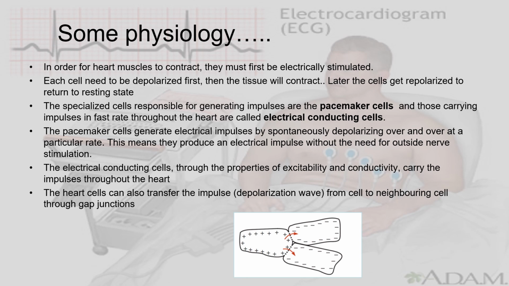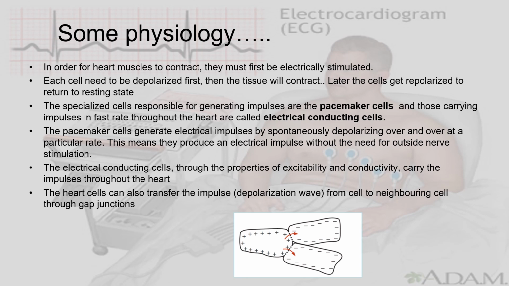Inside the heart, we have two types of cells. Some cells are specialized in producing and transferring the electrical impulse. So we call these electrical conduction cells. They can produce the electrical activity.